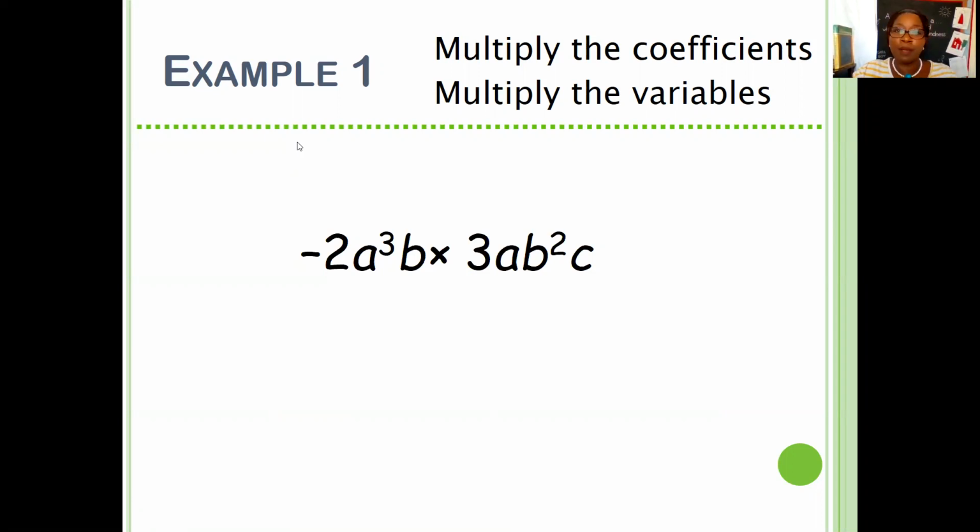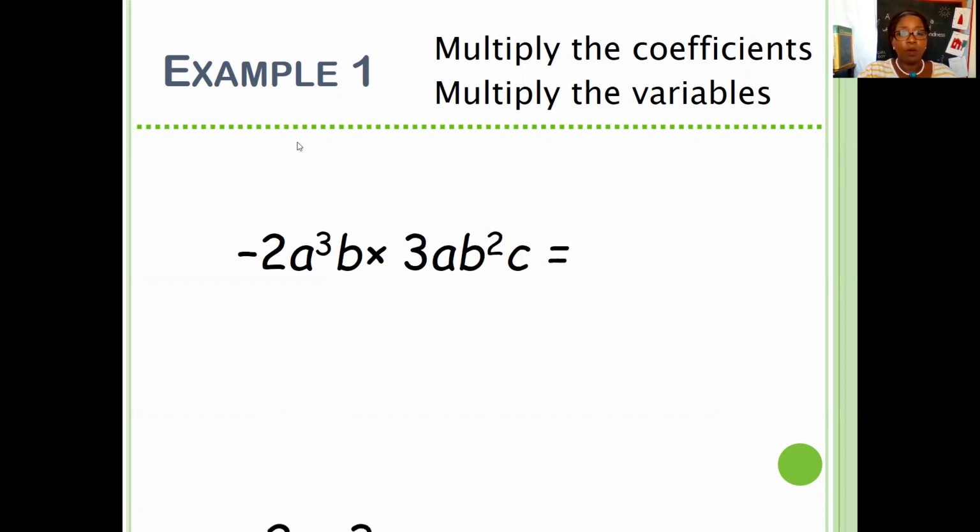We go one step at a time, and I promise you, you're going to do well. So let's start. Our first step is we're going to look for the numerical coefficients. So our first numerical coefficient is negative 2. Our second coefficient is 3. So we're looking at negative 2 times 3.